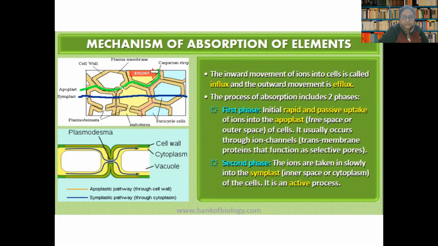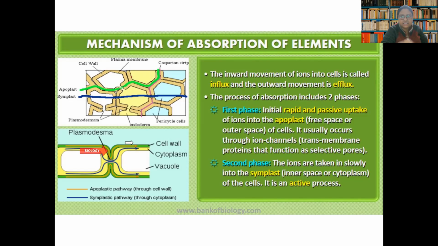So many a time, although in case of root a water resistant part is present, still the movement of mineral ions along with water is not that easy. So you can see here in the cell wall, the orange marking is there, and through this marking, when water and mineral ions are moving, we call them as apoplast.